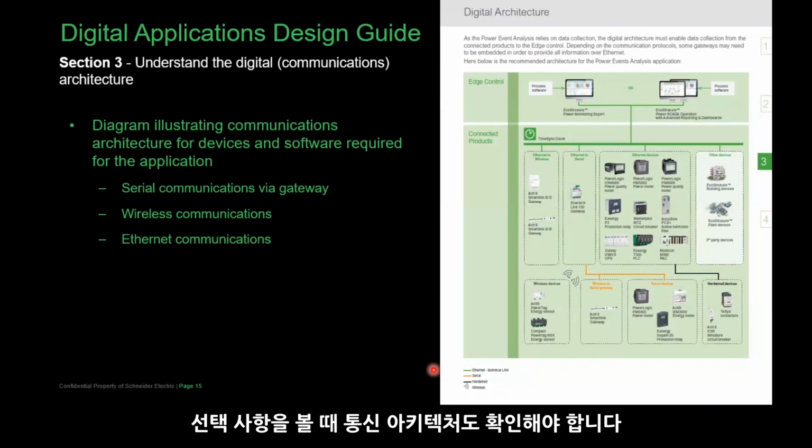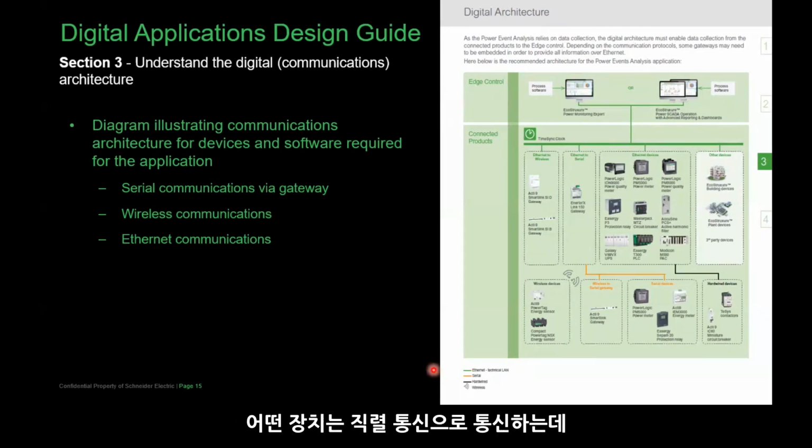Once you start to look into this selection, you also start to look into communication architecture. Okay, there are some devices that communicate in serial communication, and some of them are even wireless, for example PowerTag. And then, of course, there are advanced metering products or protection products, devices that have built-in Ethernet communication.